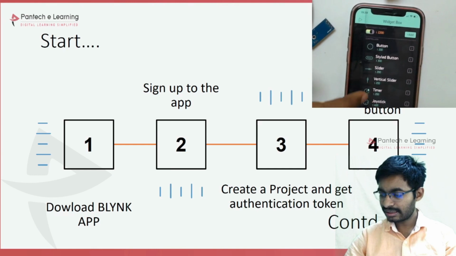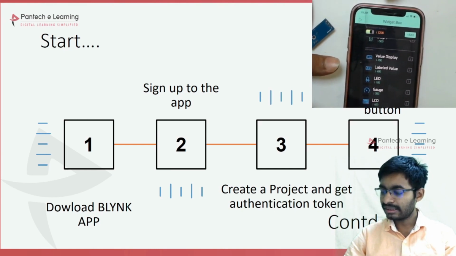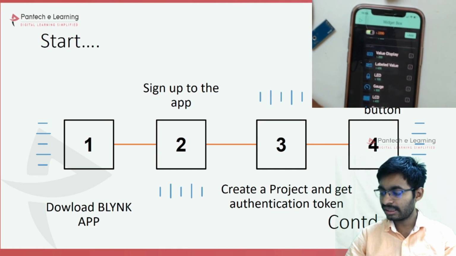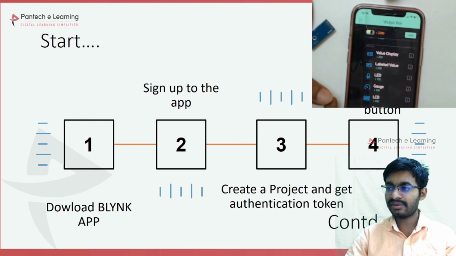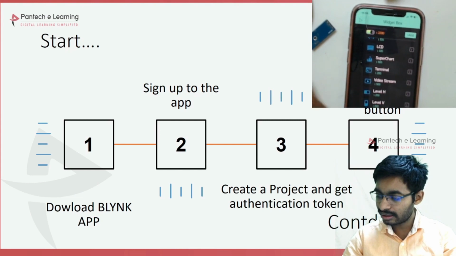Now from this I can select whatever requirement I need. Since I have already said we are going to measure the data from the DHT11, from that single sensor we get two different values. For that I have to select two different displays.